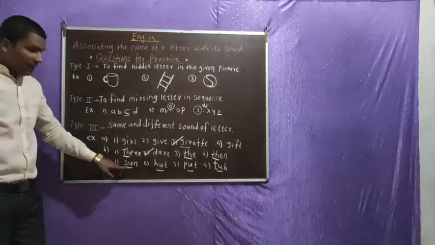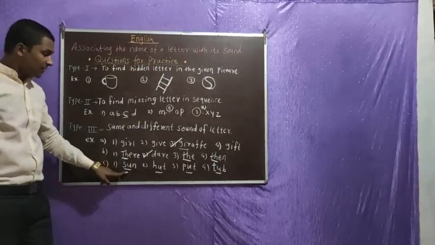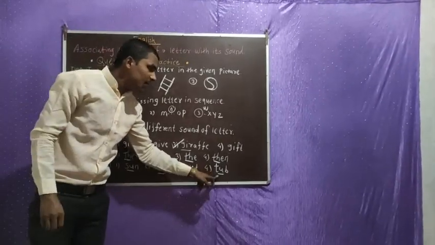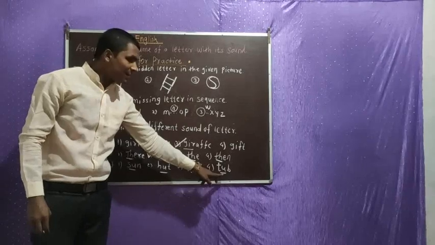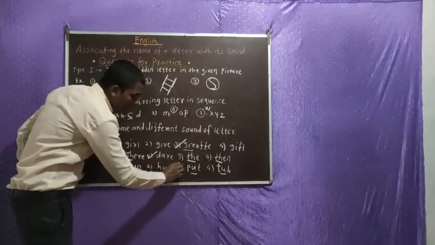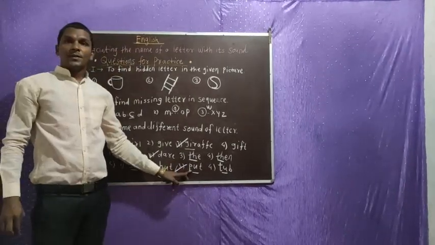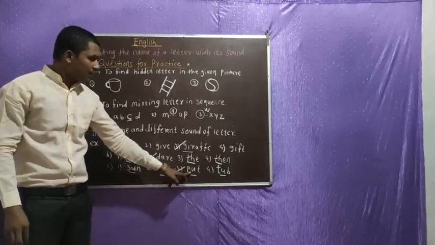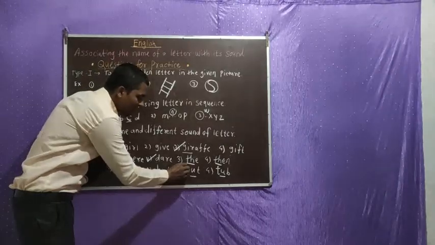Here in sun, U is pronounced as a. In hut, U is also pronounced as a. In cut, U is also pronounced as a. But in the third option, put, U is pronounced as U. So this is the different option.